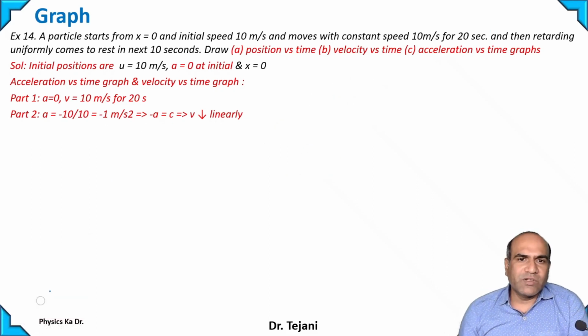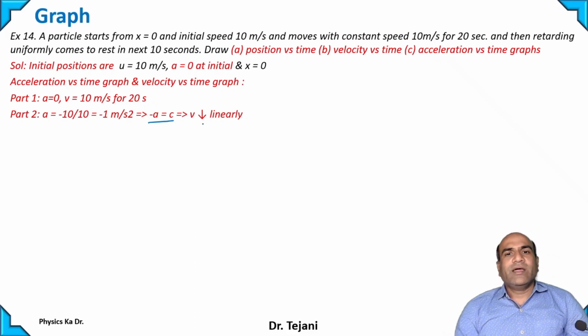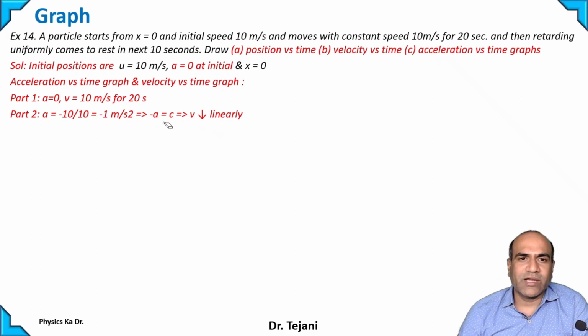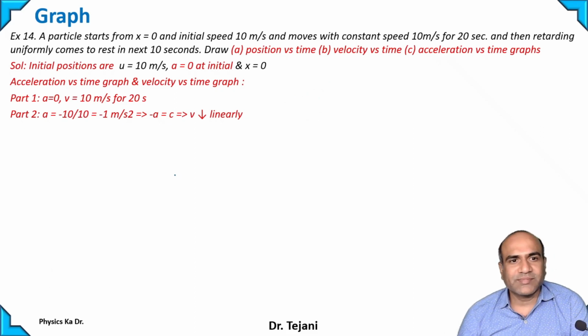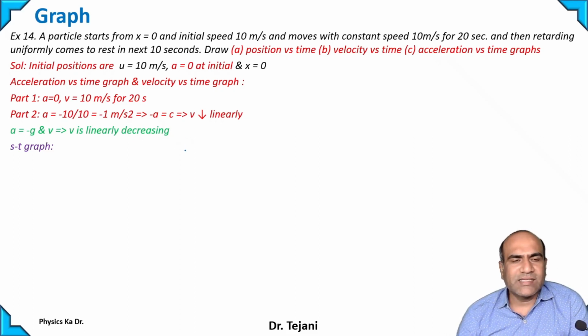For retardation, we know it is negative acceleration, and therefore velocity decreases linearly. Negative acceleration, positive velocity, that means velocity reduces. We know this rule by heart now. Then last is the s-t graph.